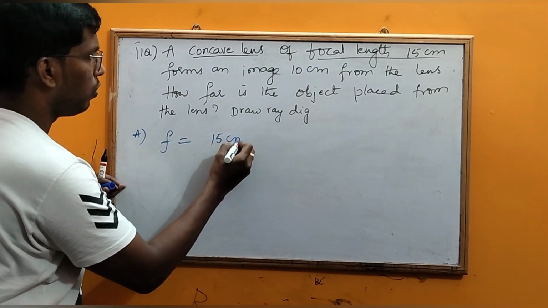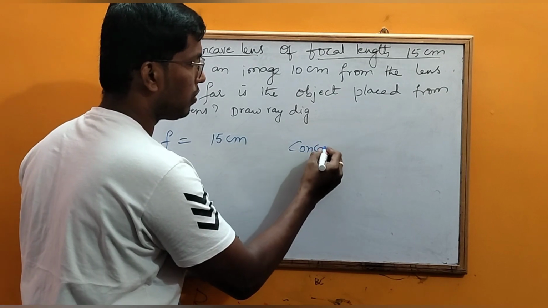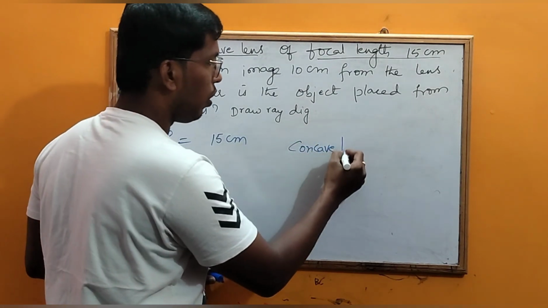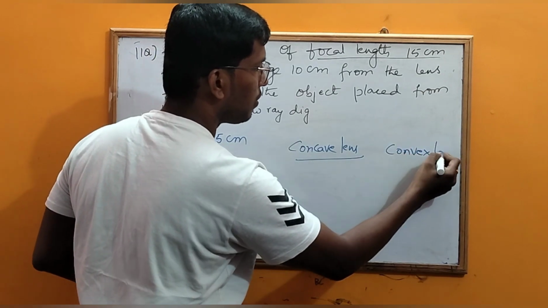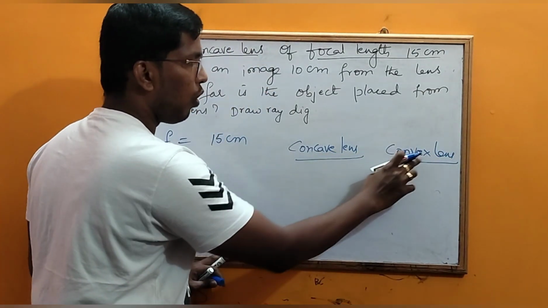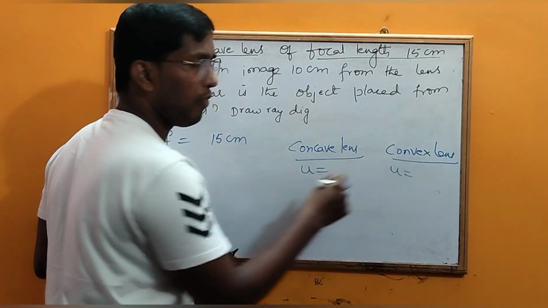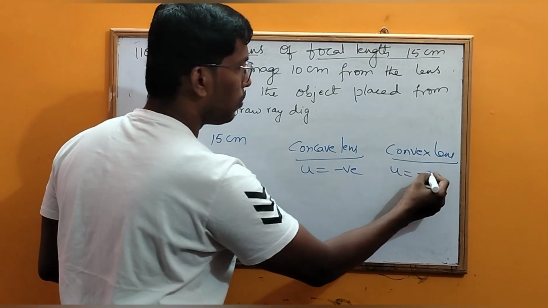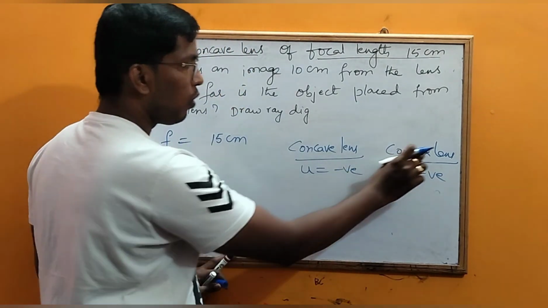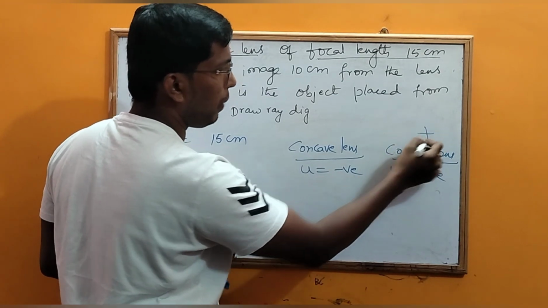I told you the sign conventions for convex lens and concave lens. I have made one video on concave lens and convex lens. U is common, negative in both mirrors and lenses. Object distance is minus. In convex, if you see the last letter and turn it, x will become plus.